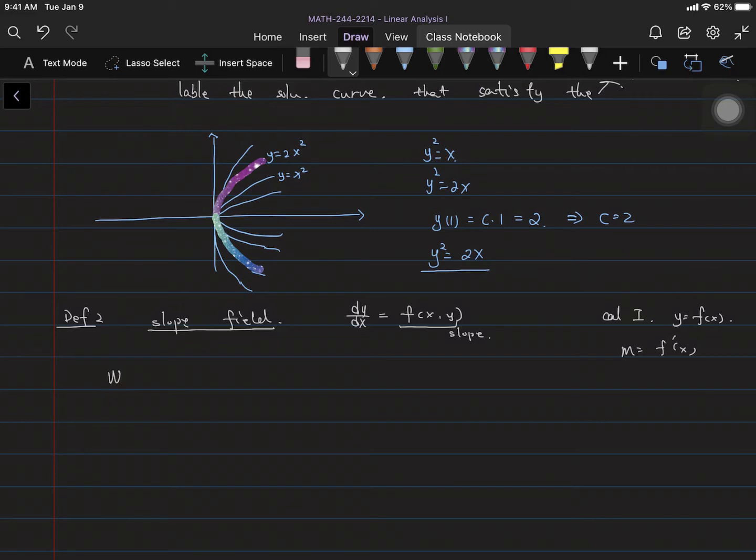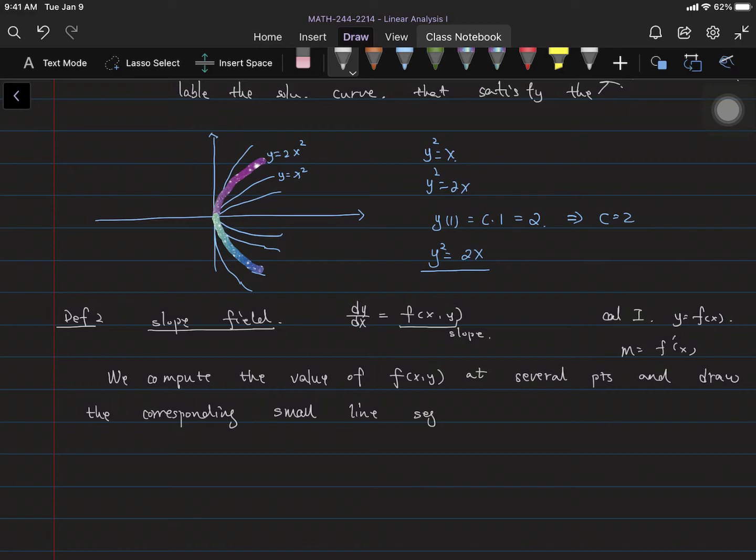Let's see. We compute the value of the function f(x,y) at several points, and then draw some small line segments, having those values f(x,y) as their slope.